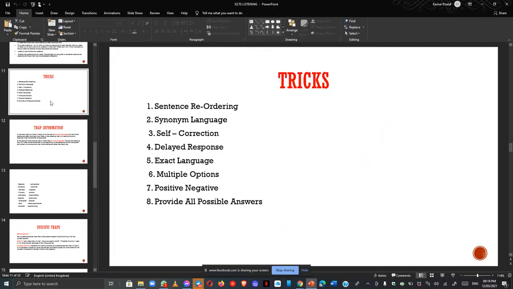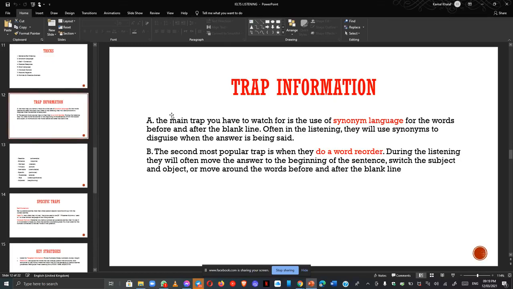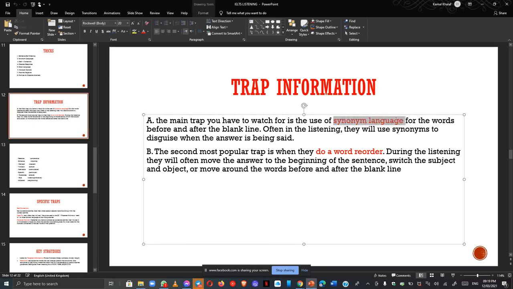Yes, this is the first one. Good. Trap information. Guys, the main trap you have to watch for is the use of synonym language for the words before and after the blank line. You will not hear the same words as you have in the exam paper.